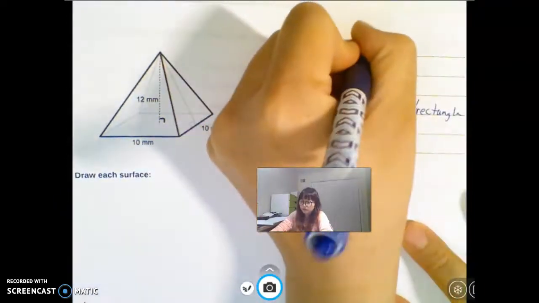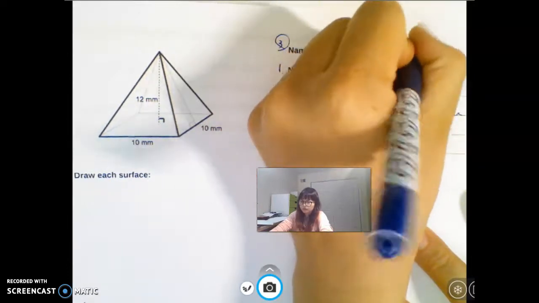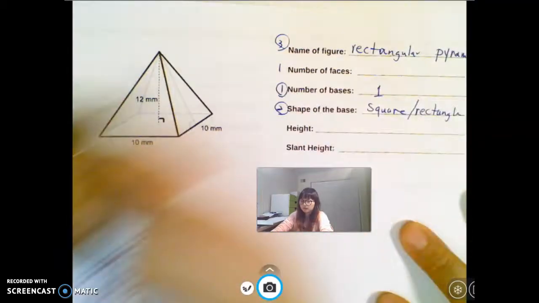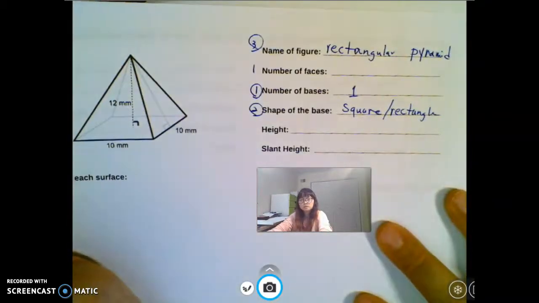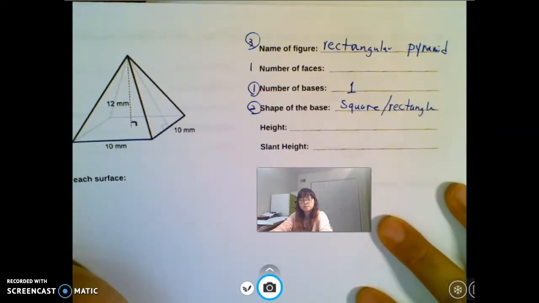So we'll call it a rectangular pyramid. I guess you could also call it square pyramid. Most likely people will say rectangular pyramid. All squares are rectangles, so it doesn't matter which you call it.